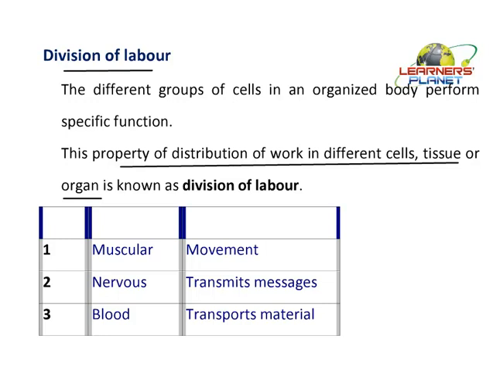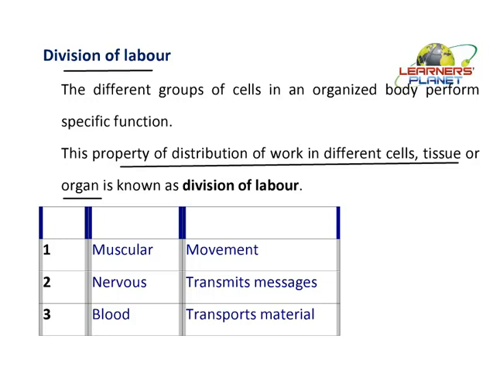For energy, our respiratory system is also helping. The oxygen is provided, and that oxygen helps in extracting the energy from the digested food material. And they also form ATP molecules, which provide energy for different metabolic reactions.